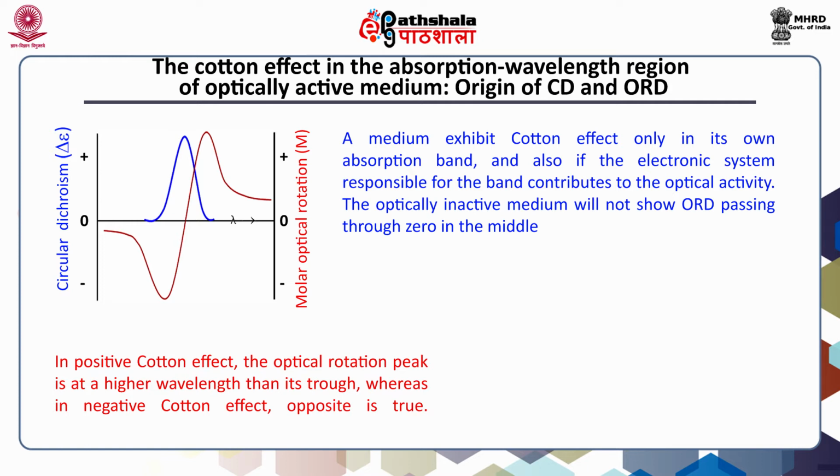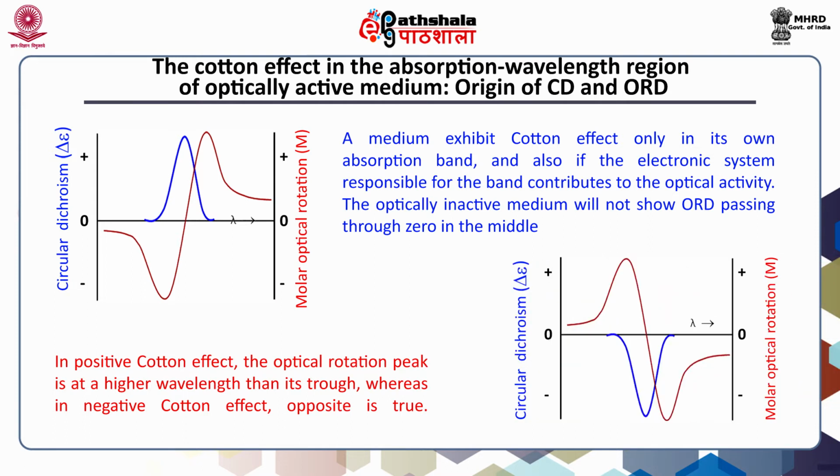It keeps decreasing further, reaches the trough, and then again starts increasing. So this is the Cotton effect. We know it as the Cotton effect. And the isomer of the same molecule for which these spectra were recorded is shown on the right side, bottom. So if you see these two, they look like mirror images of each other.